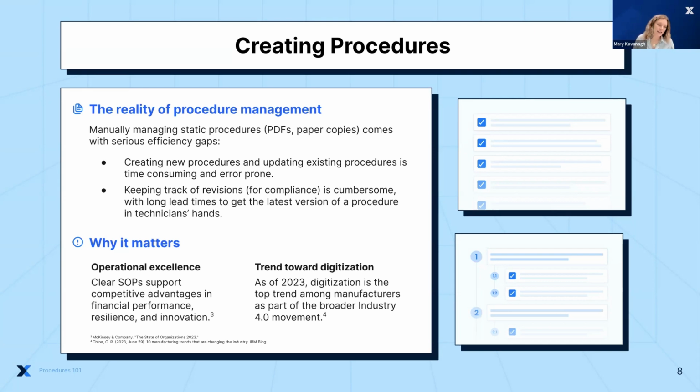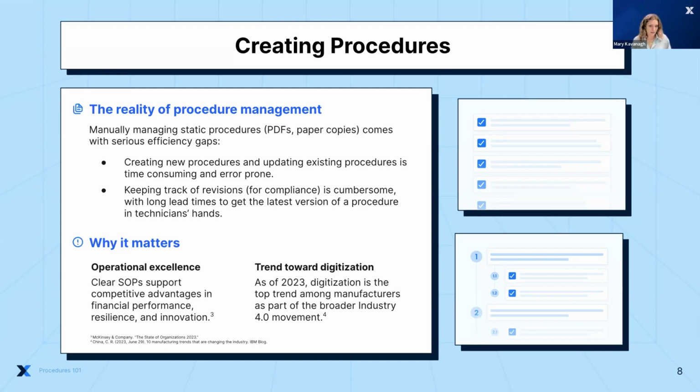As of 2023, digitization is the top trend among manufacturers as part of the broader Industry 4.0 movement. Broad trend to digitize there. Put these two together. Investing in procedure digitization helps you stay competitive. In this kind of macroeconomic climate we're in, staying competitive is the name of the game. SOPs, your procedures, is a huge component of that.